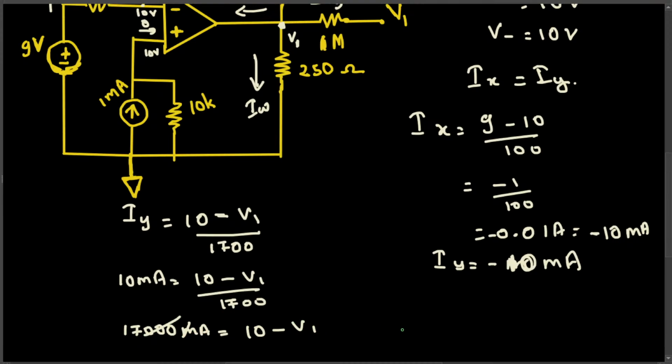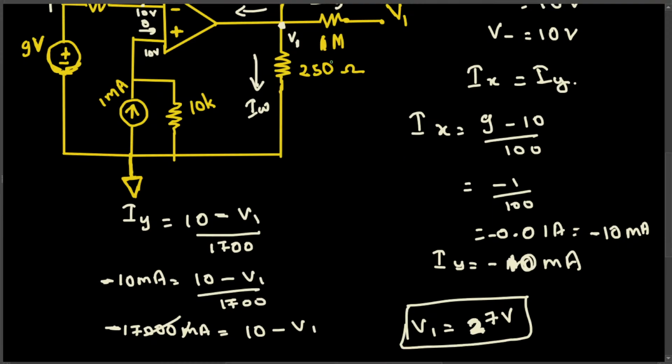If I bring V1 to this side, V1 is going to be 10 minus 70, that is minus 7 volts. Let me double check. Oh, and also this is minus 10 milliampere, so this minus 17 becomes plus 17 right here. So that's 27 volts.